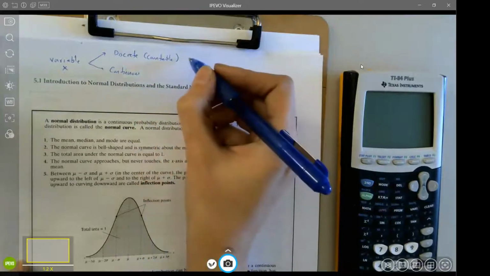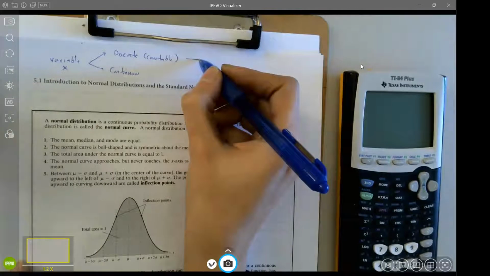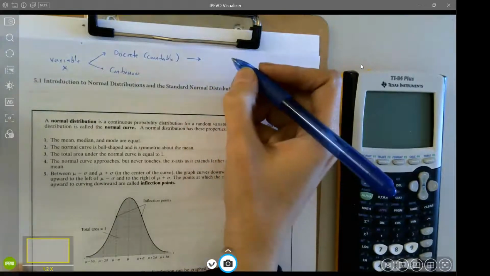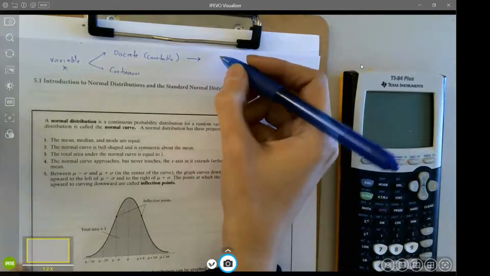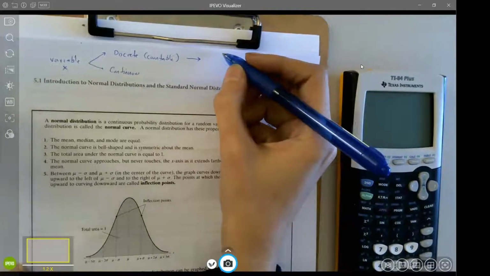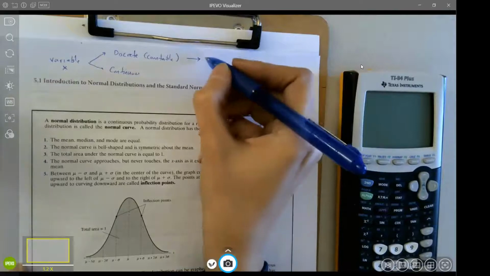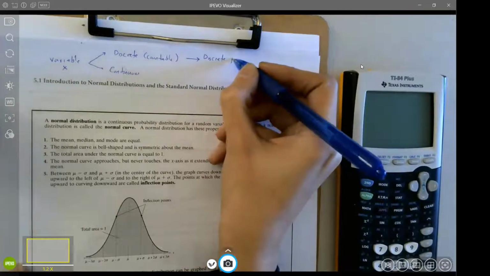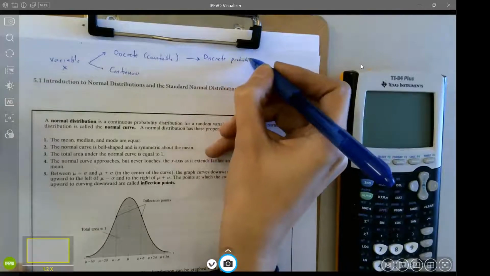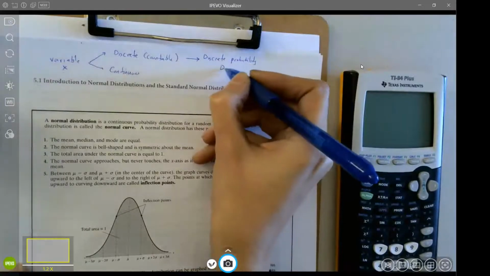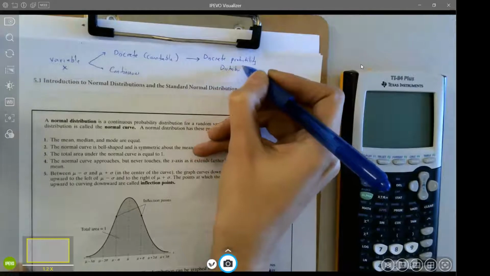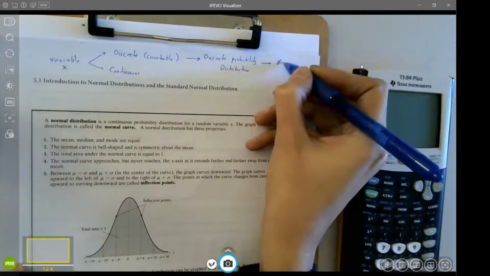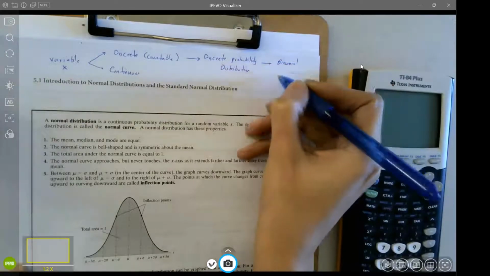Well, last time we talked about discrete random variables, and we introduced one important discrete probability distribution, the binomial distribution.